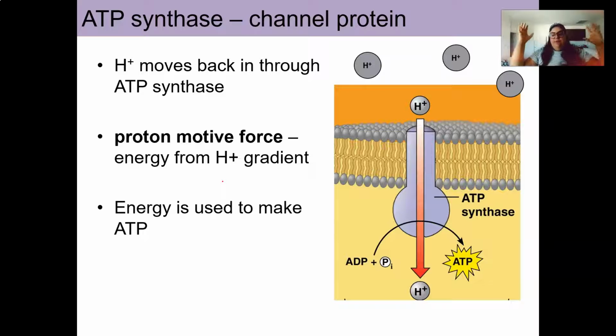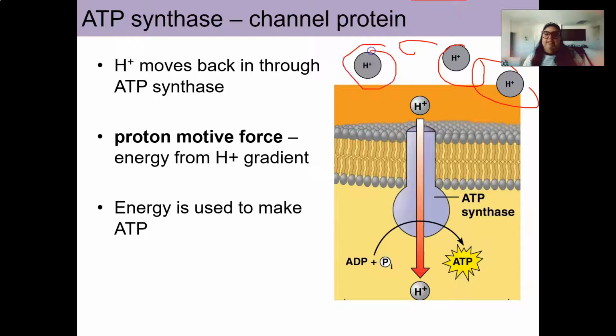So the force from all of these protons make this motor move to create ATP. They're stuck out here and they have all this energy, and they're going to go really fast through here, and it's going to make this motor move and create all of our ATP.